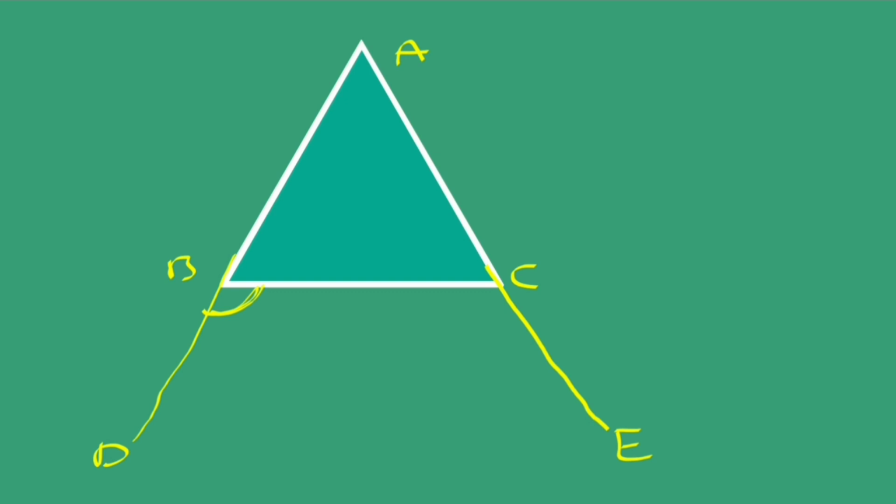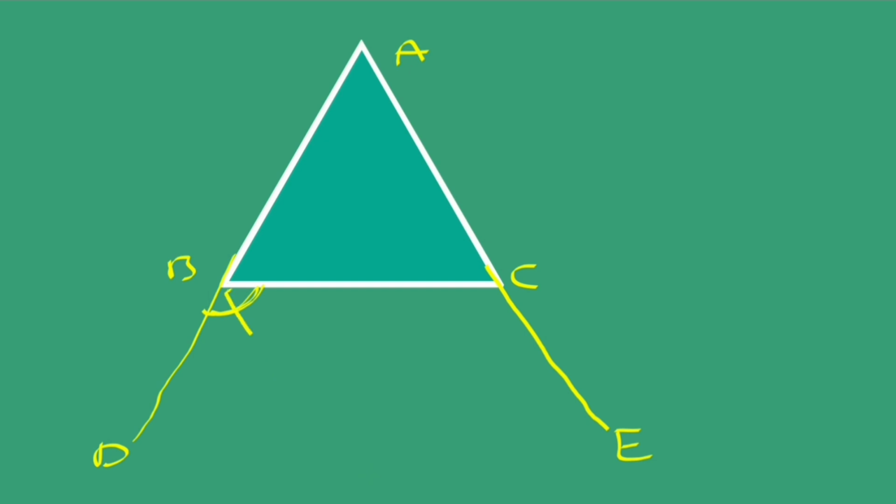This DBC angle is the exterior angle. Yes or no? Now this is the exterior angle bisector.